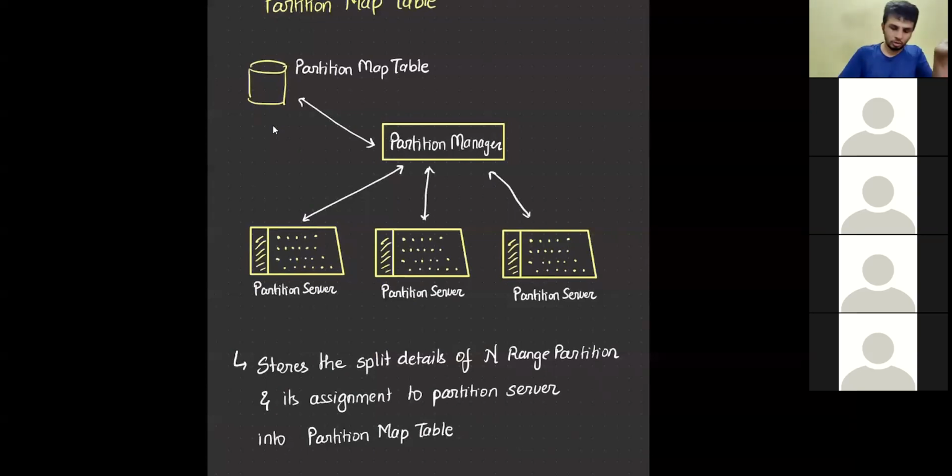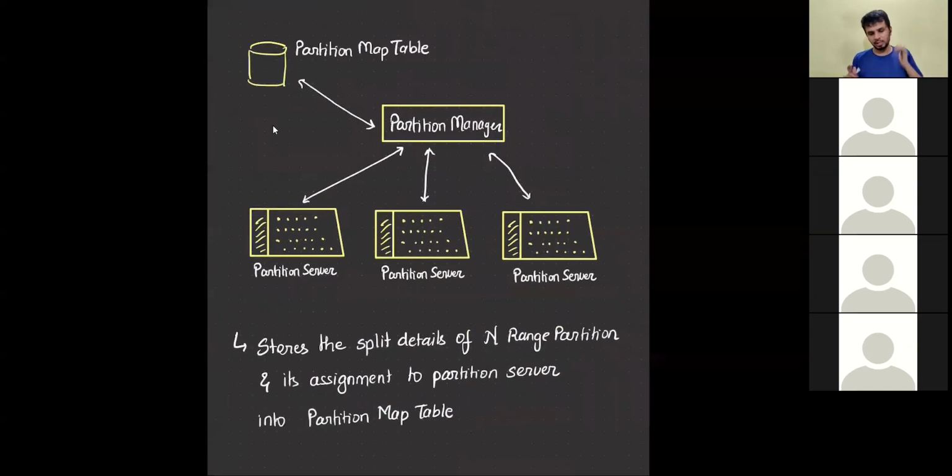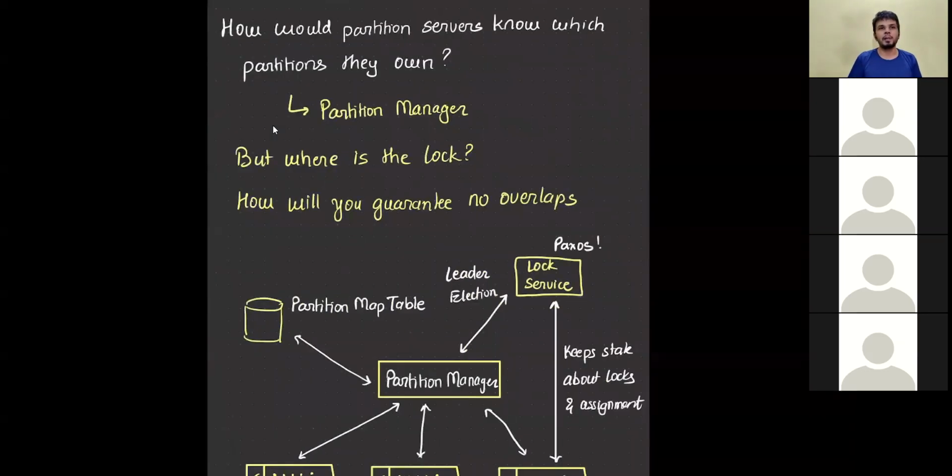Now this partition map table will have only this information, nothing else. It stores the split details of n ranged partitions and assignment to partition servers in very simple terms, like L to R present in this server, M to N present in this server, and so forth. It would be stored in the partition map table.